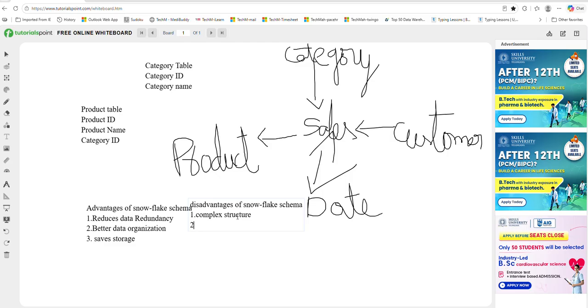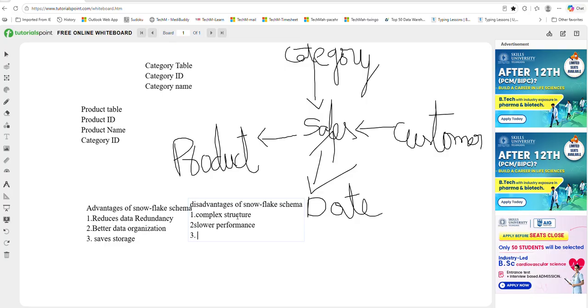Next, it is a slower performance compared to the star schema. Too many joins reduce Power BI performance.